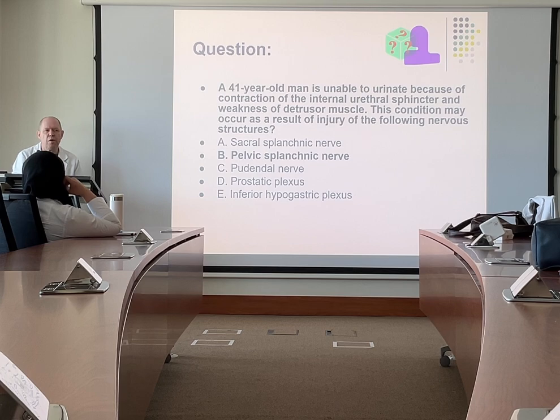There's nothing saying about the sympathetic. Which sympathetic nerves will supply the sphincter? Sacral splanchnic nerves, which are sympathetic. Are we clear about this? So that's exactly what sacral splanchnic nerves are doing. They constrict the sphincter and they relax the detrusor urine muscle.